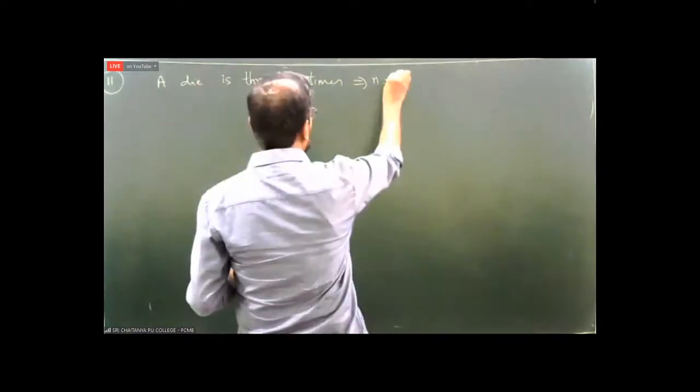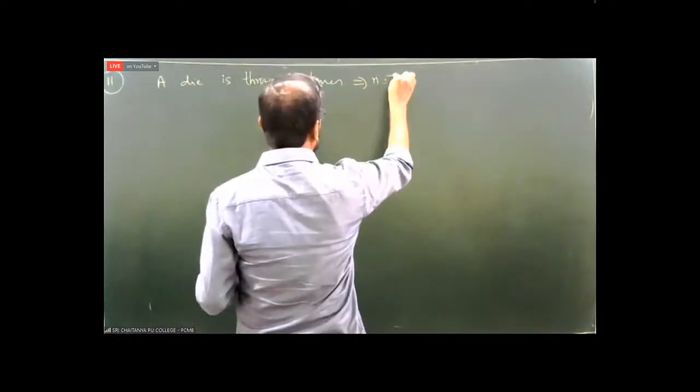Probability of getting 5. A die is thrown 7 times, implies n is equal to 7. Right?